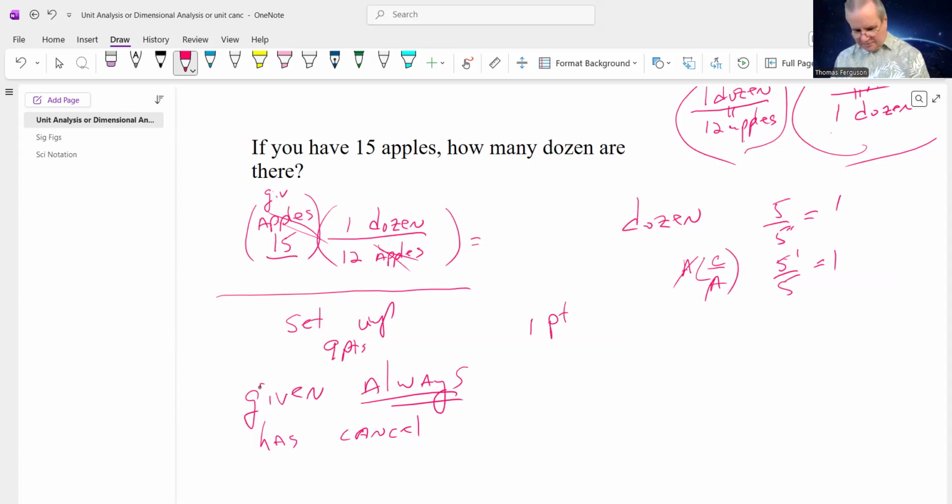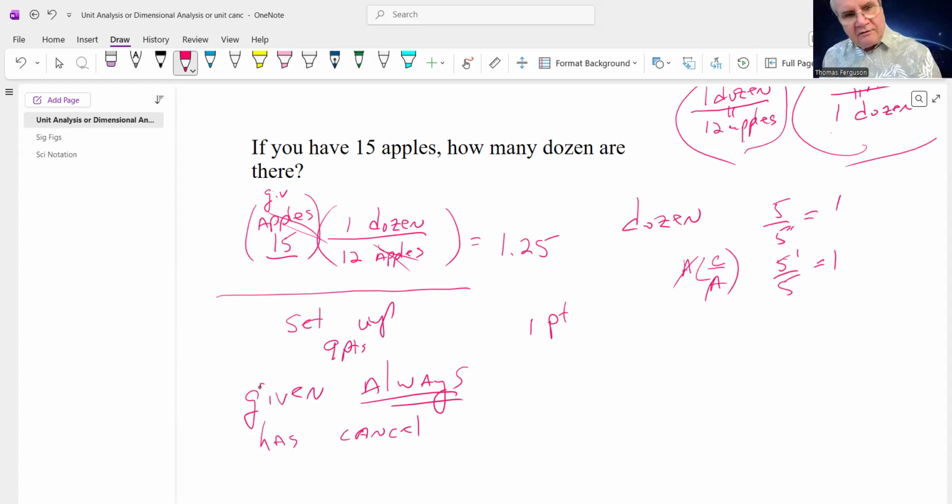Okay, so the answer is going to be 15 divided by 12, 1.25 dozen. Okay, so is that the correct answer? What's wrong with that answer? It has to be in sig figs.